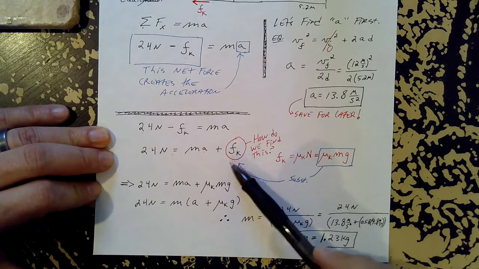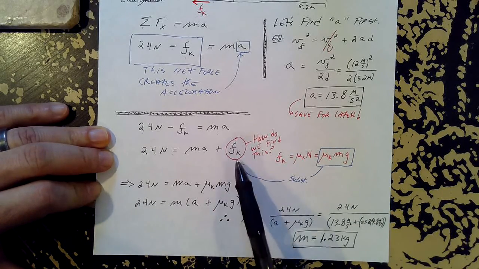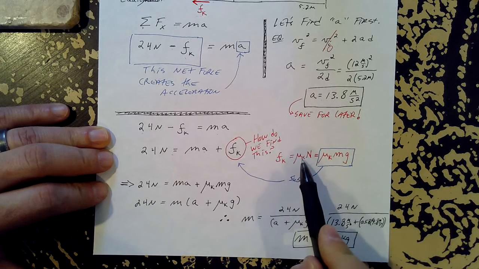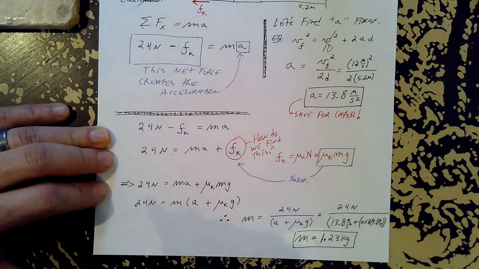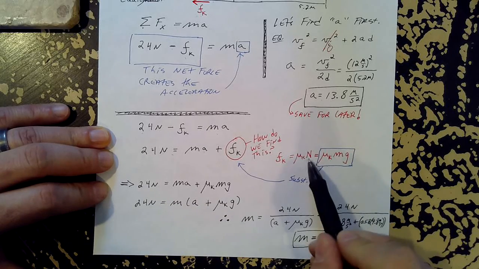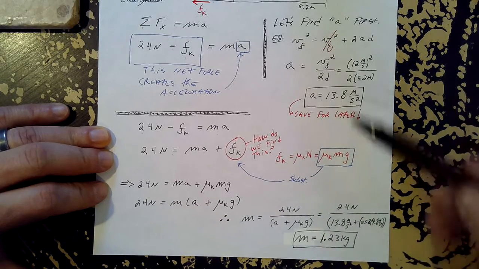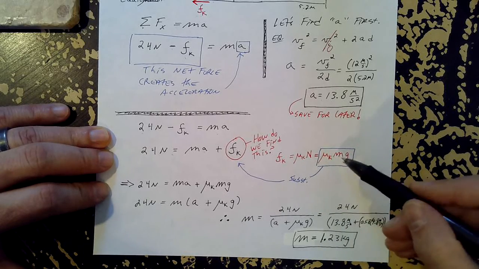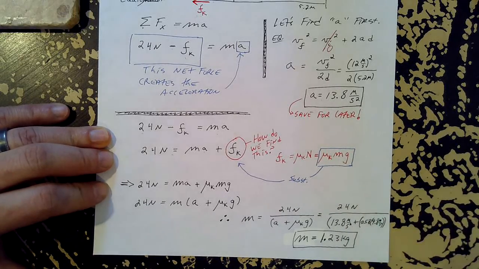So now the question is, how do I figure out what the force of friction is? Well, kinetic friction is equal to kinetic mu times the normal force. In this case, the normal force is going to be equal to the weight of the object, which ends up being mass times gravity.